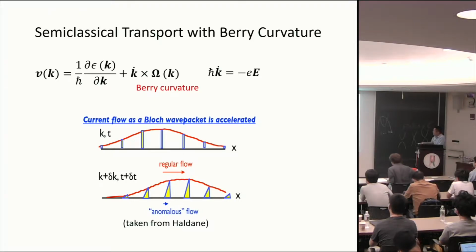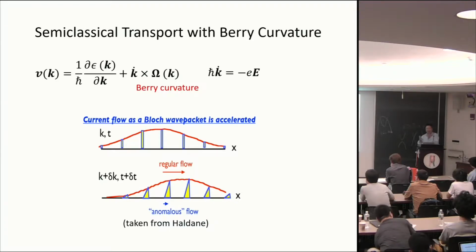But as an electron moves under an electric field, the wave function within each unit cell is also changing. So in particular, as the momentum changes from k to k plus dk, the wave function within the unit cell also redistributes itself.